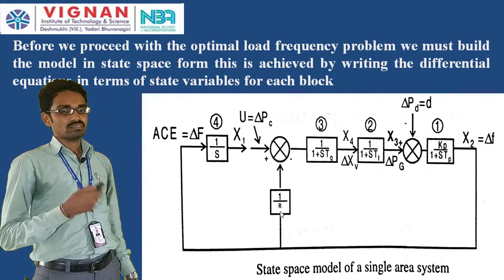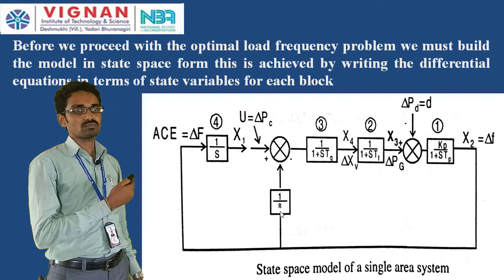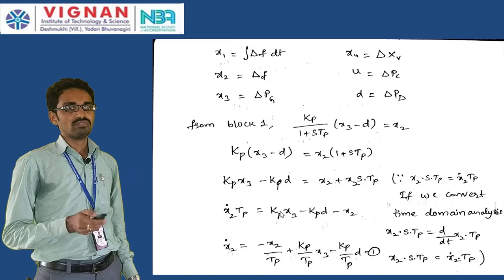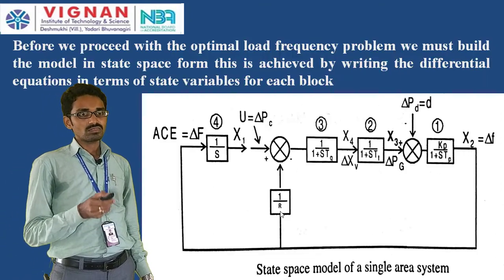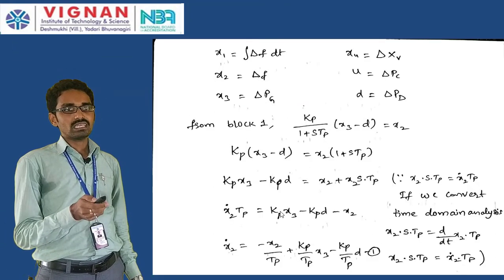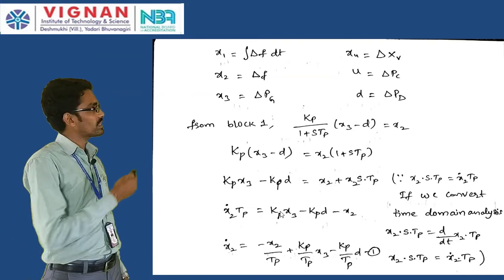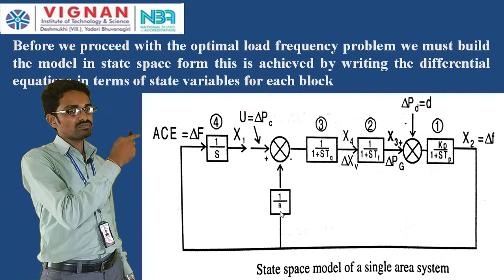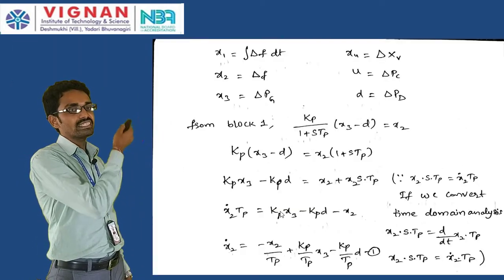So if I write the equations for this state space model, just first consider the blocks one by one. First, x1 is equal to the integration of delta F dt, which is the input we get from the integral controller.